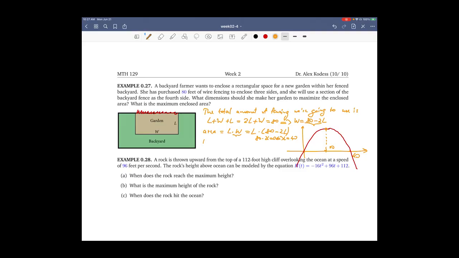So the area is maximized when the length, one dimension of the garden, is 20, and the other dimension W is 80 minus twice 20, so 80 minus 40 is 40.